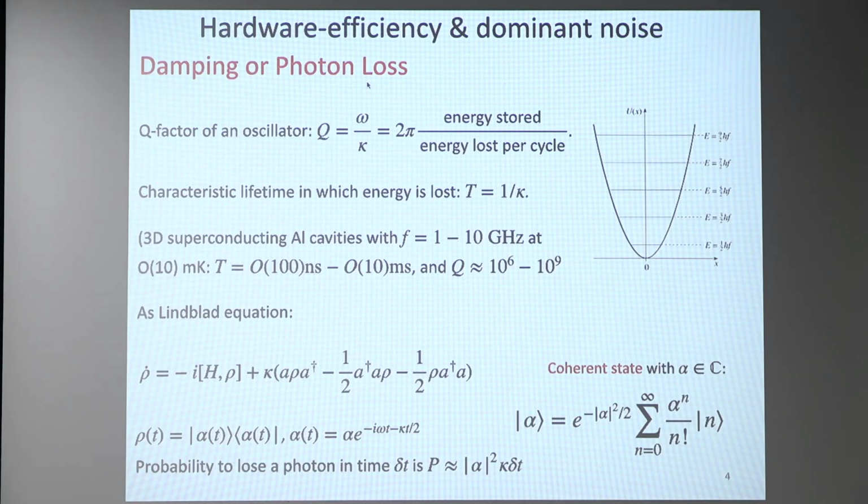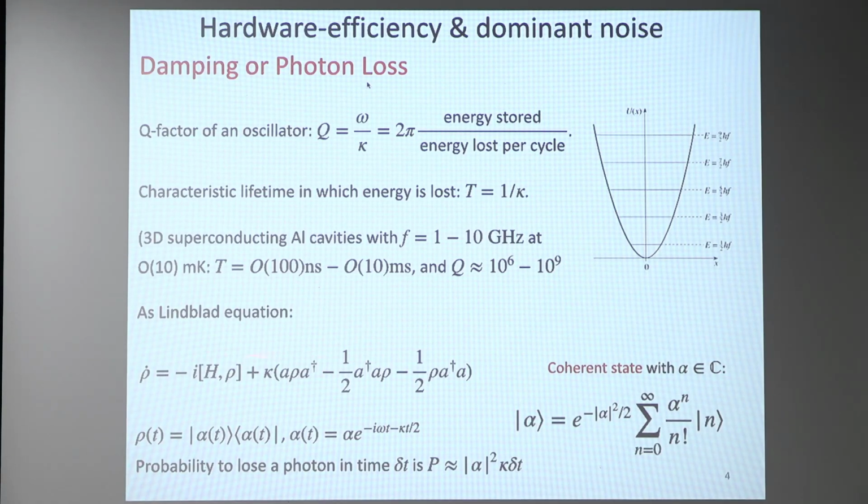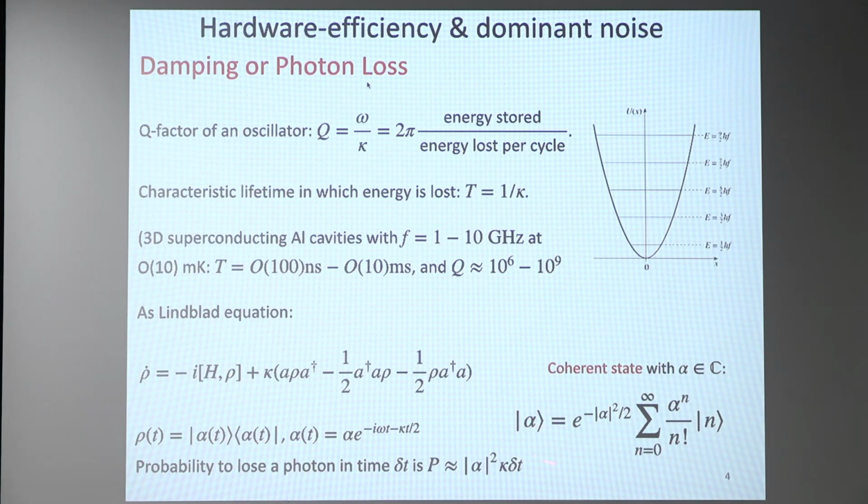Now, I'll also be throwing in some math here and there. So, if you want to understand photon loss, you go maybe to QuTiP or some other package, but you could write down a Lindblad equation, and the photon loss decay rate is kappa. And if you start with some coherent state, so here's my coherent state, these will be featuring a lot.